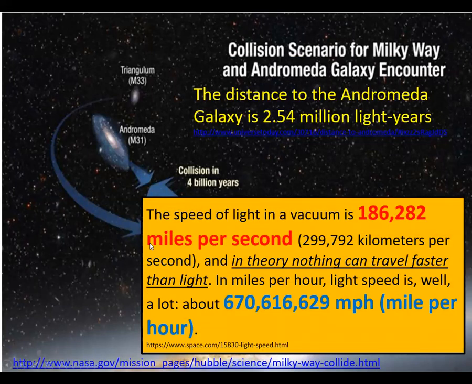The speed of light in a vacuum, and space is a vacuum, is 186,282 miles per second, or about 670,616,629 miles per hour. That's the speed of light.